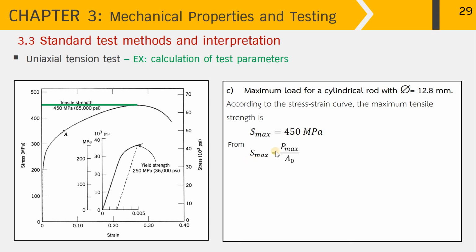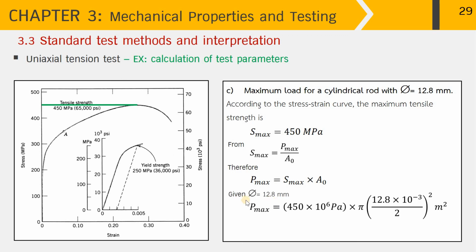Maximum tensile strength equals P max over A naught. If you want to find P max, we then have S max times A naught. Then you put in the numbers. P max equals 450 times 10 to the 6 Pascal. Don't forget to change megapascal into 10 to the 6, because you need to change the unit of Pascal to Newton over meter squared.